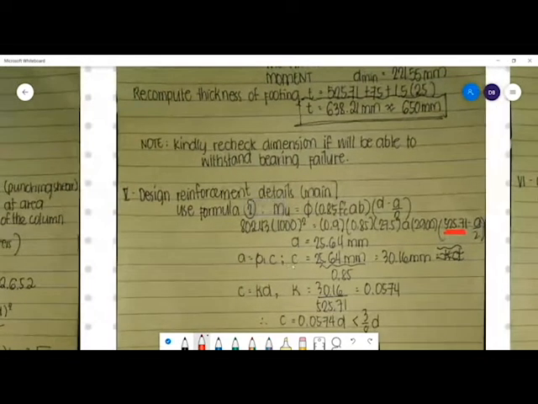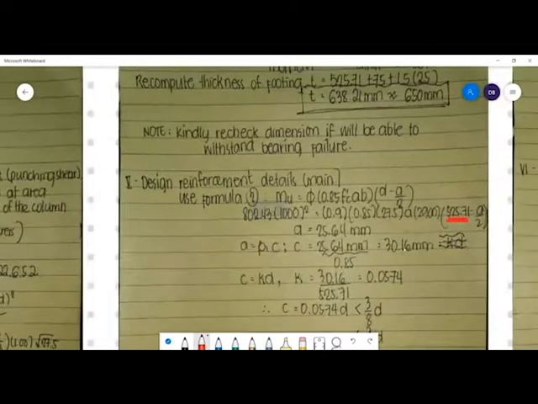Let's perform another check. Determine the value of c, which is equal to a over beta 1: 25.64 over 0.85. Our beta 1 is also from NSCP. Our c is equal to 30.16 millimeter. We know that c is a fraction of your effective depth, again, like what I always say.